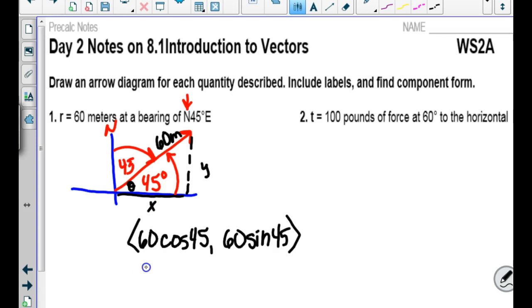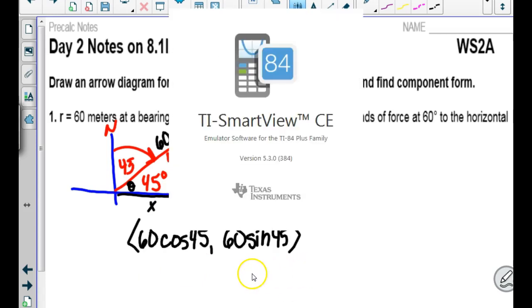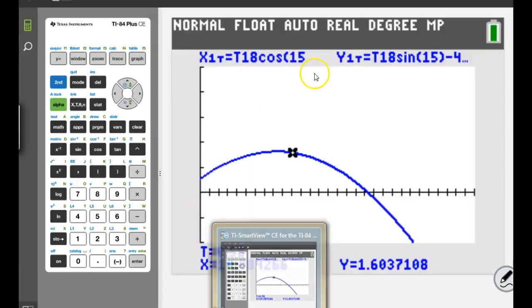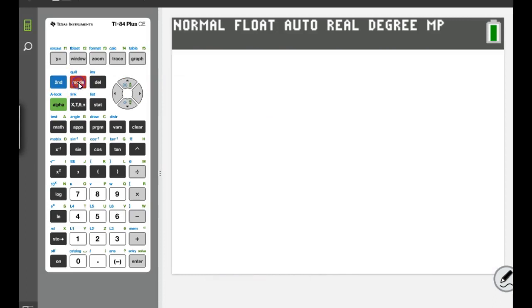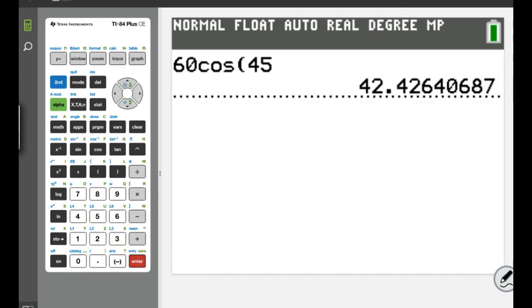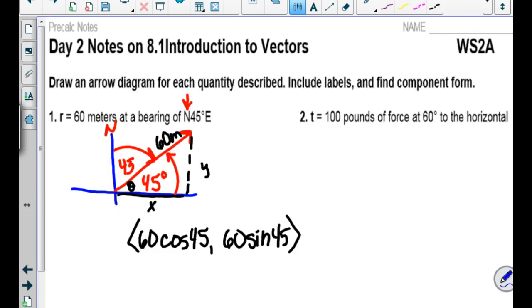It doesn't matter about function or parametric at this point because we're not graphing. Can anybody type that 60 cosine of 45? Should be the same number for sine. Okay, so 42.4 and 42.4, right?